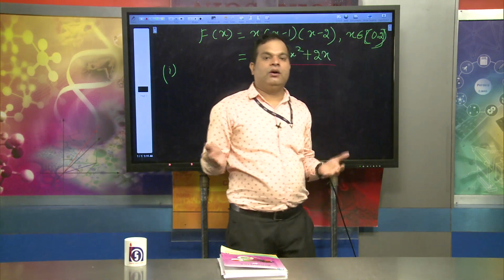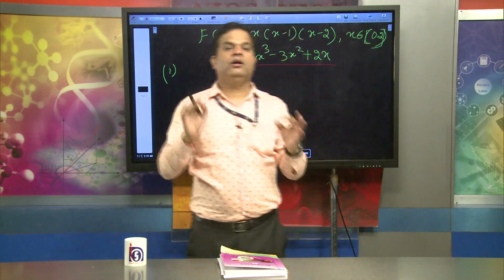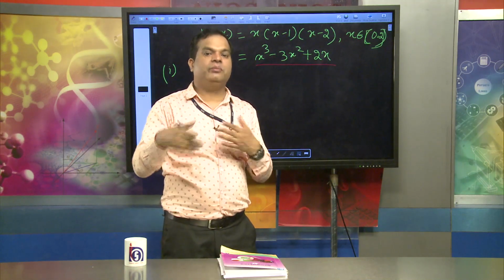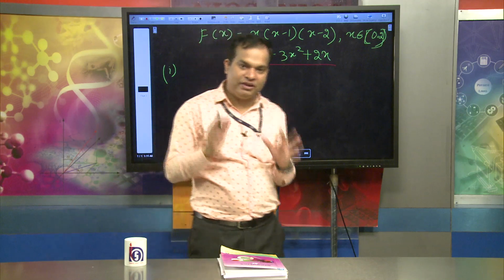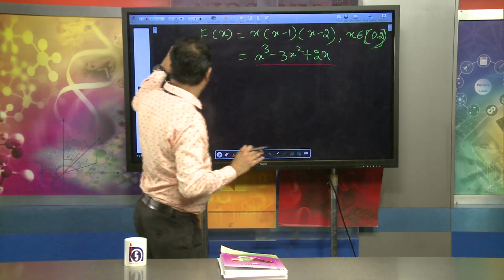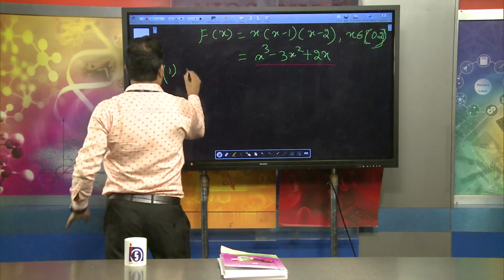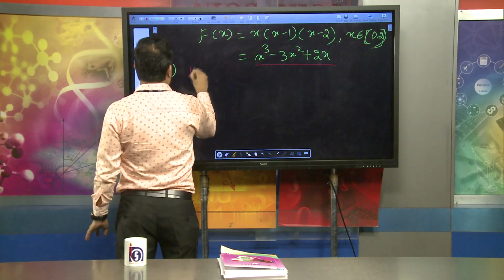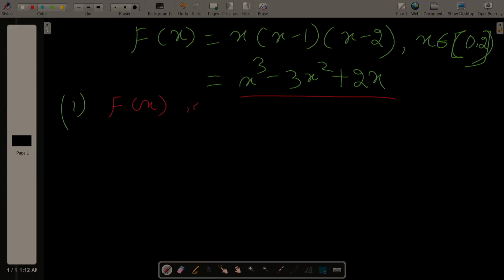Again, we know that all polynomial functions, that means all continuous functions, are differentiable. So the first condition is satisfied, that is f(x) is continuous with x an element of [0, 2].